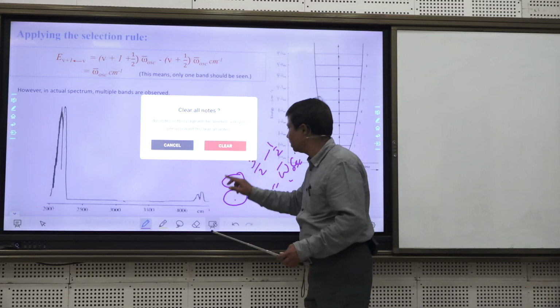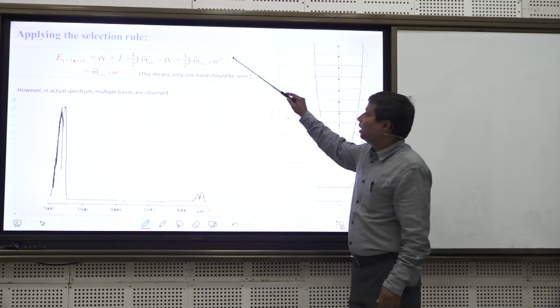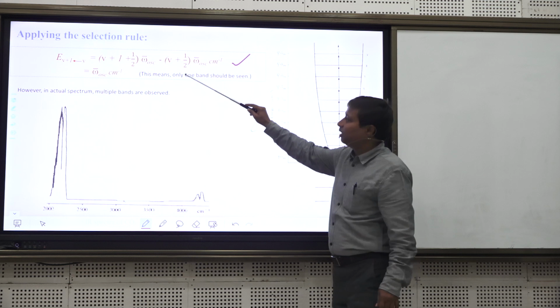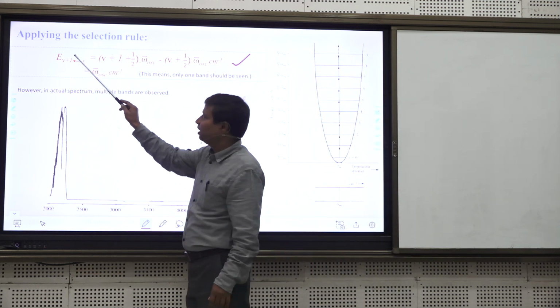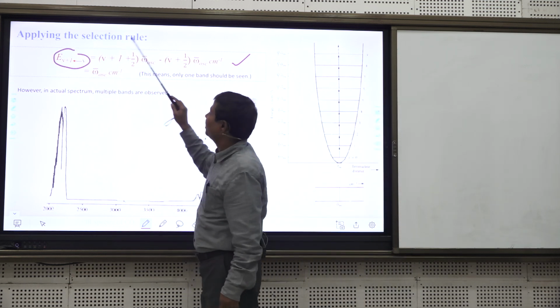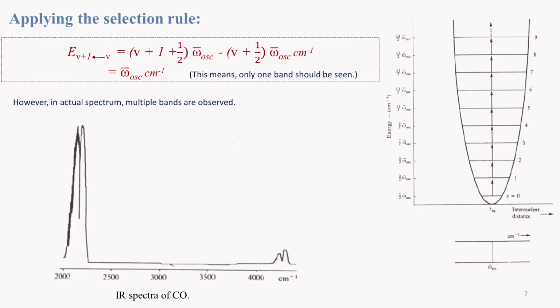So this means that whatever expression we are seeing, if we calculate a transition from V to V plus 1, first put in the expression V plus 1, minus V, then you get omega OSC. So you get only one band, because you think of a transition here, omega OSC.